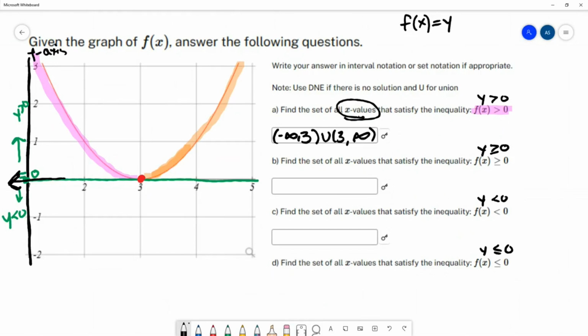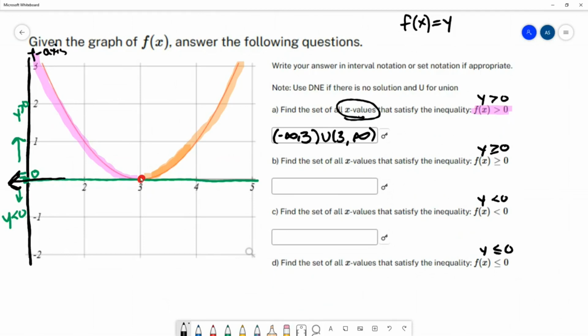Now for part B, it's almost exactly the same question, except instead of greater than, we have greater than or equal to. So now we don't want just what's above the x-axis, we also want what's on the x-axis, because the y-coordinates are 0 on top of the x-axis.